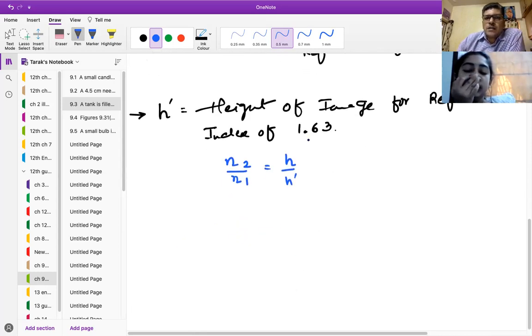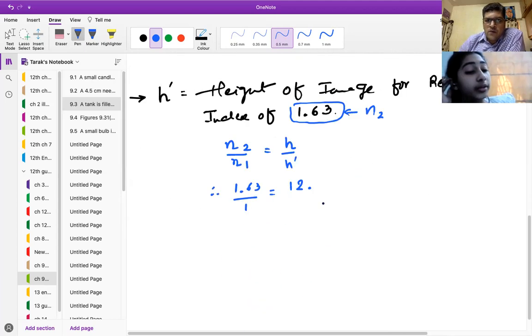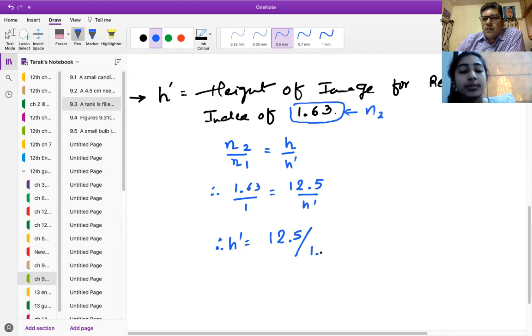My n2 is 1.63, n1 is 1, and h is 12.5. Putting all the values, 1.63 divided by 1 equals 12.5 divided by h dash. So h dash equals 12.5 divided by 1.63, which is around 12 or 11 or so.